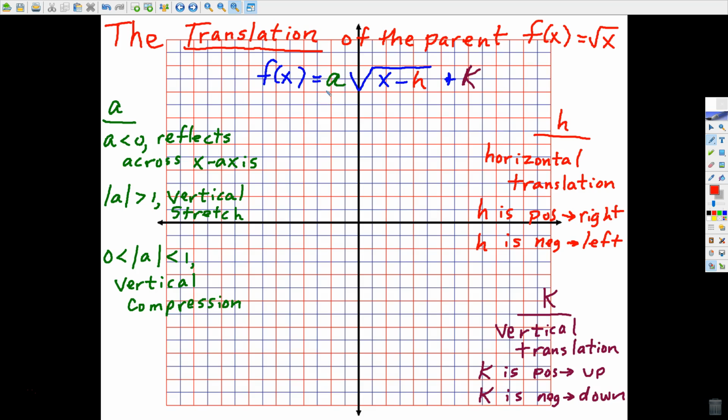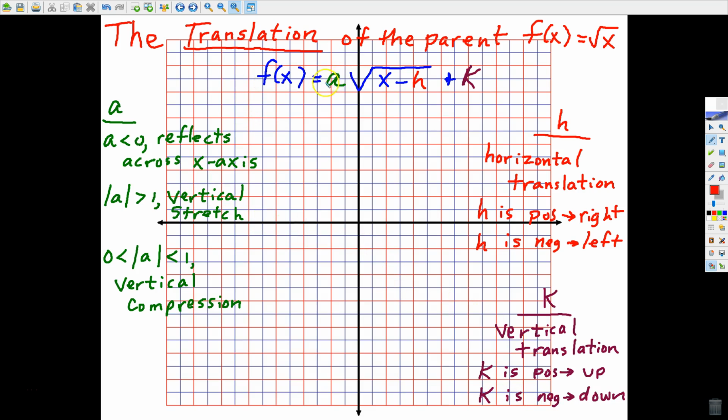We just talked about that a minute ago. If a is greater than 1, then we're going to have a stretch. It's going to take our parent and make it do more like this. If it's negative, then it's going to make it extend further negative, downward.